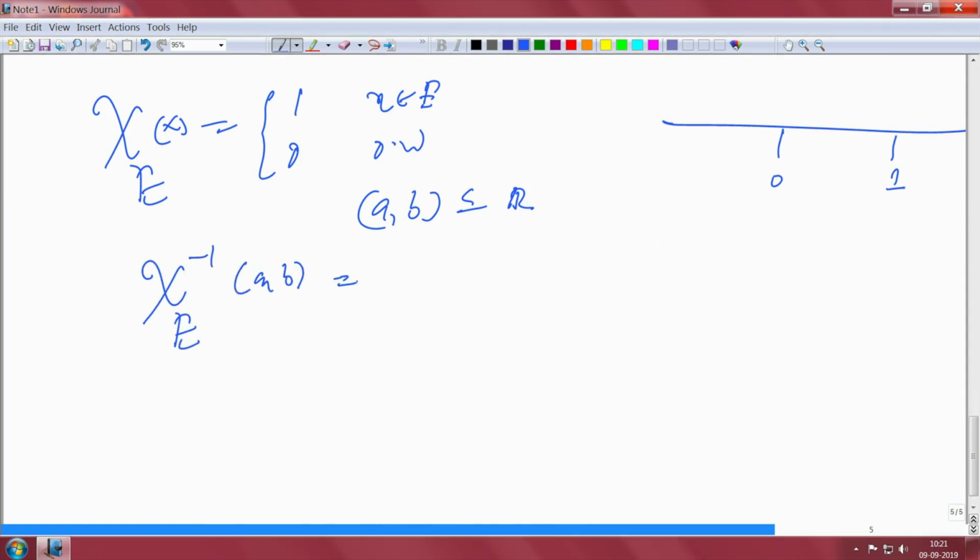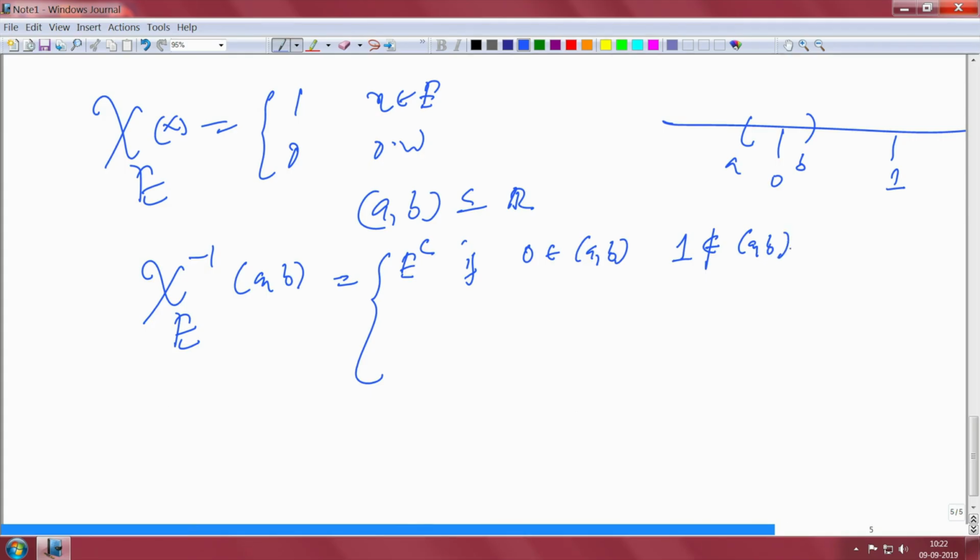Well, what will this be? If the interval contains 0 and suppose it does not contain 1, then the inverse image would be all those points x which are mapped to 0, which is when x is not in E. So this would be E complement if 0 belongs to AB and 1 does not belong to AB.